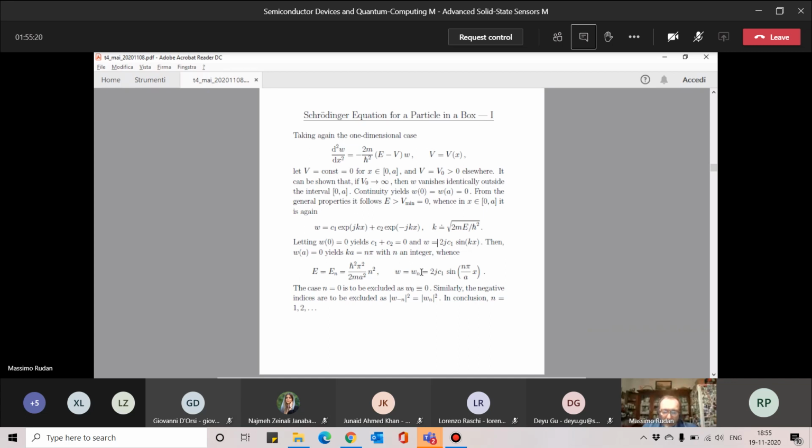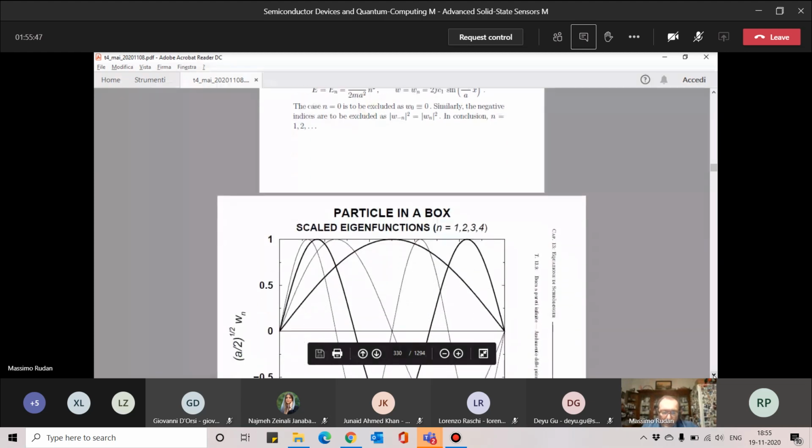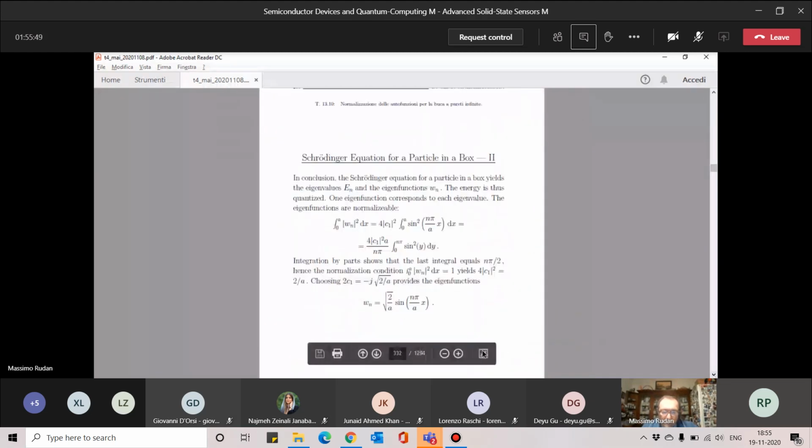So what we do is we take the square modulus over the box, because outside we know that the function is identically 0, so it is useless to try to do it. So we take the square of this function, and then we integrate it over the box.